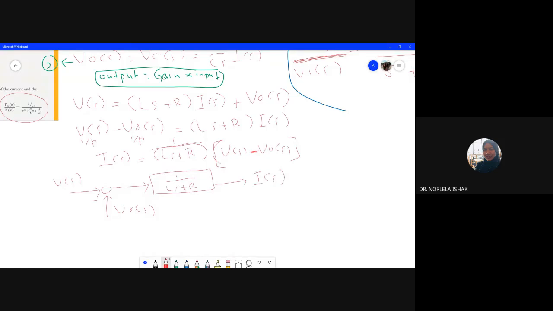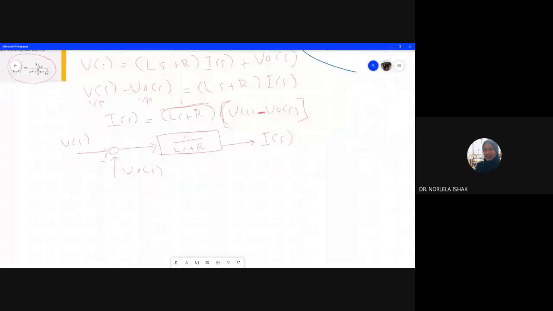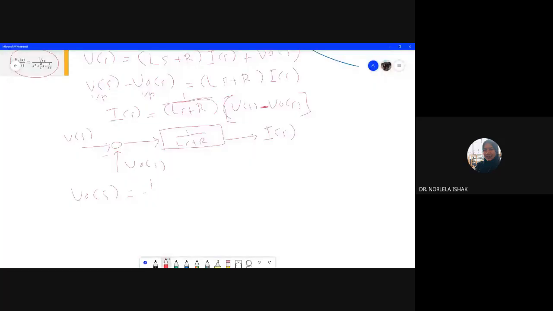Okay. So where is our second equation? Our second equation is V naught equal to 1 over CS multiplied with the first block's output, the current.